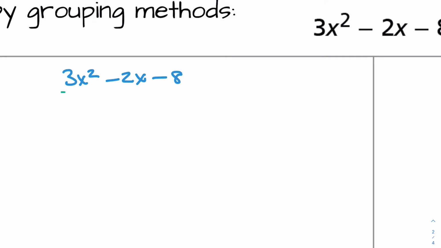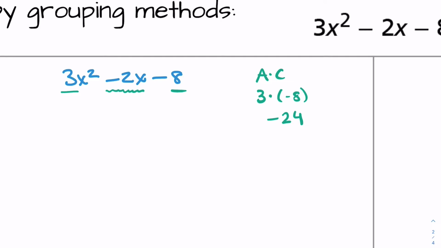So I'm going to do a times c, which is 3 times negative 8, which is negative 24. Let me clean that up. Negative 24. I'm going to ask myself, what factors of negative 24 add up to negative 2?